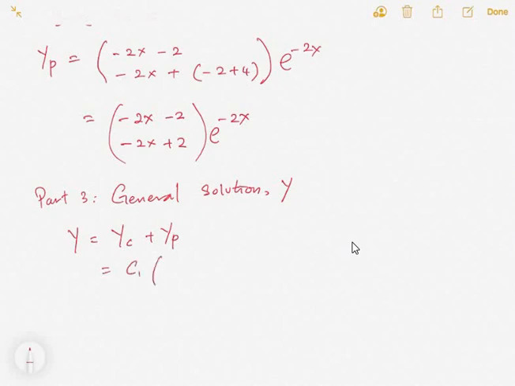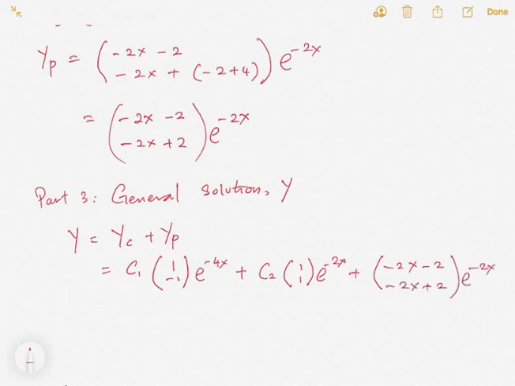C1 times your vector 1, negative 1, plus C2 times its vector, and then plus yp, which is (negative 2x minus 2, negative 2x plus 2) exponent negative 2x.